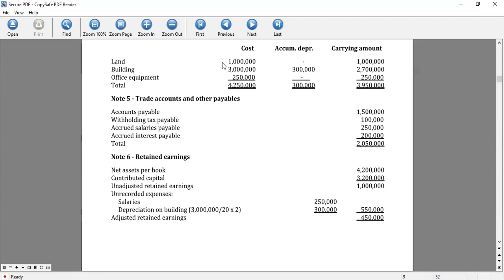So the adjusted retained earnings after the two adjustments is 450,000.